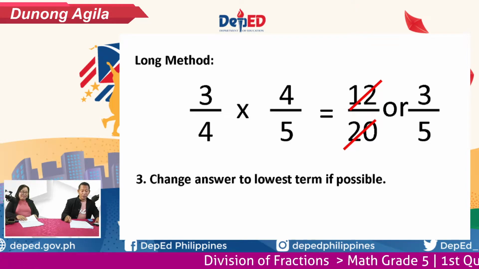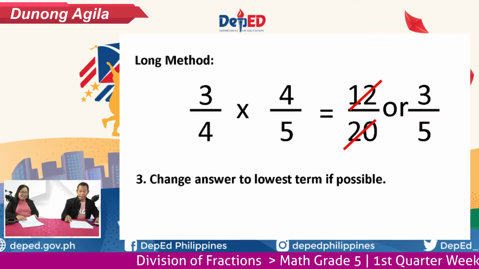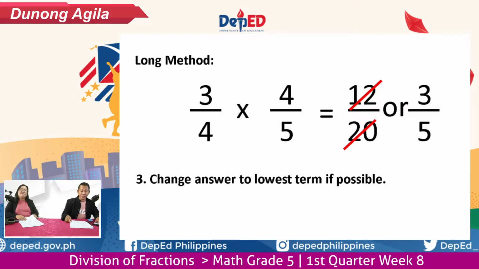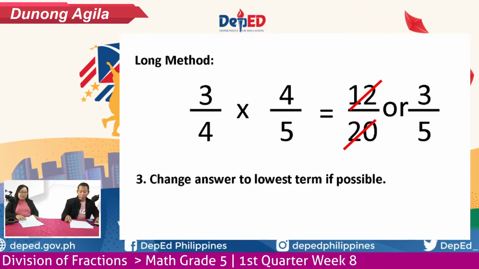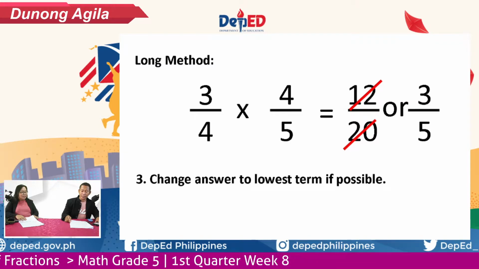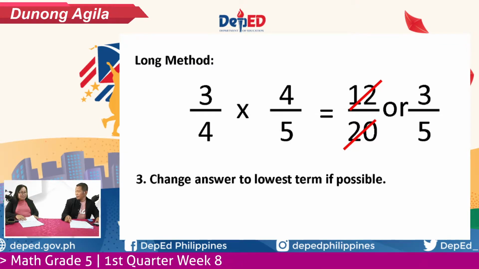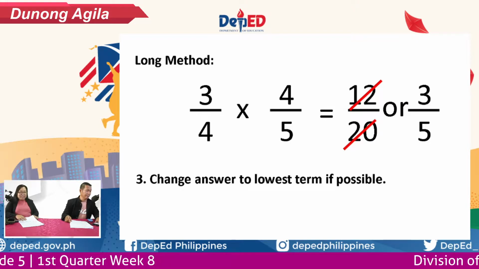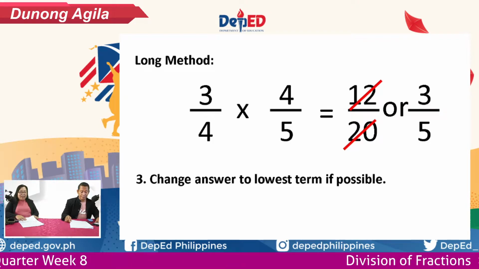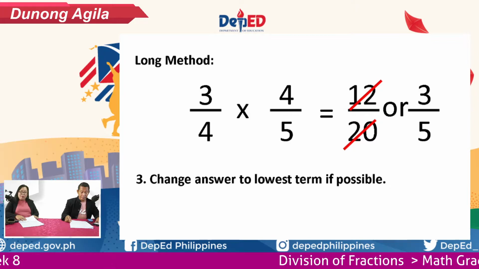Very good, Ma'am Joy. I know our grade 5 learners have the same answer as you. How about if we multiply using the shortcut or cancellation method? Will it give the same correct answer? Definitely, sir. Again, using the same example, 3/4 and 4/5.